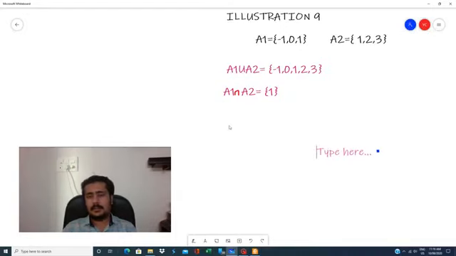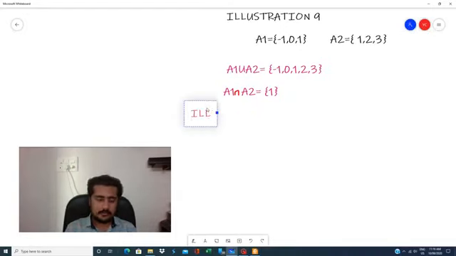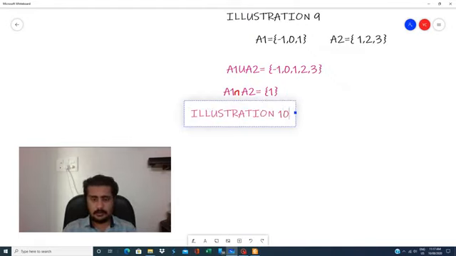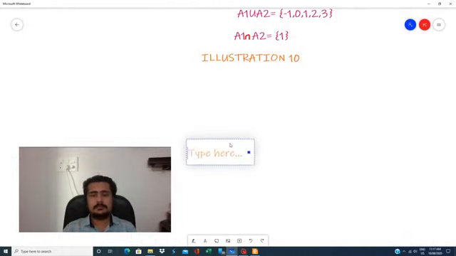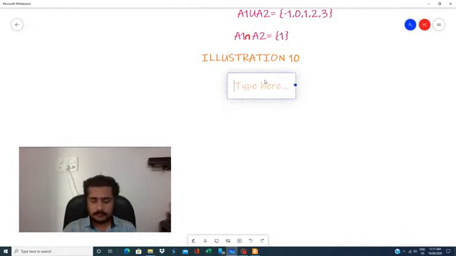Let us write the question. It's illustration number 10. Now what is A1?